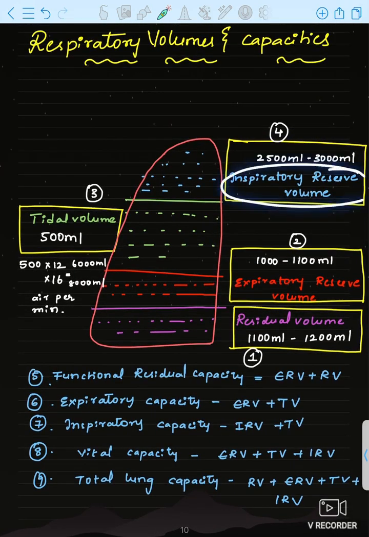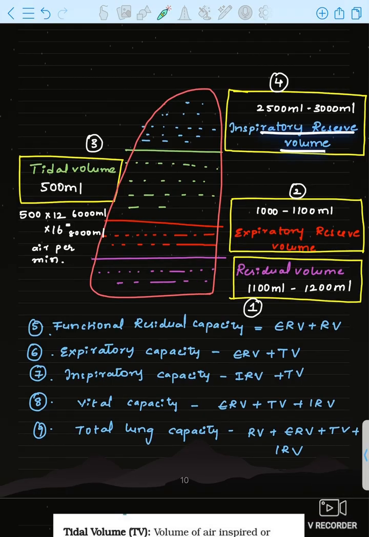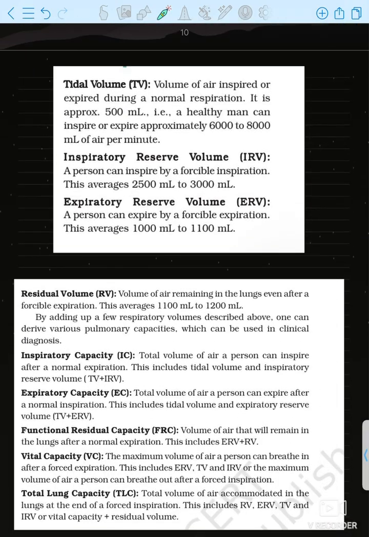Inspiratory reserve volume means, now normal inspiration you took, you want to inspire more amount of air, forceful inspiration, because you want to collect more inspired air, then it is called as inspiratory reserve volume. See, a person inspires by forceful inspiration.